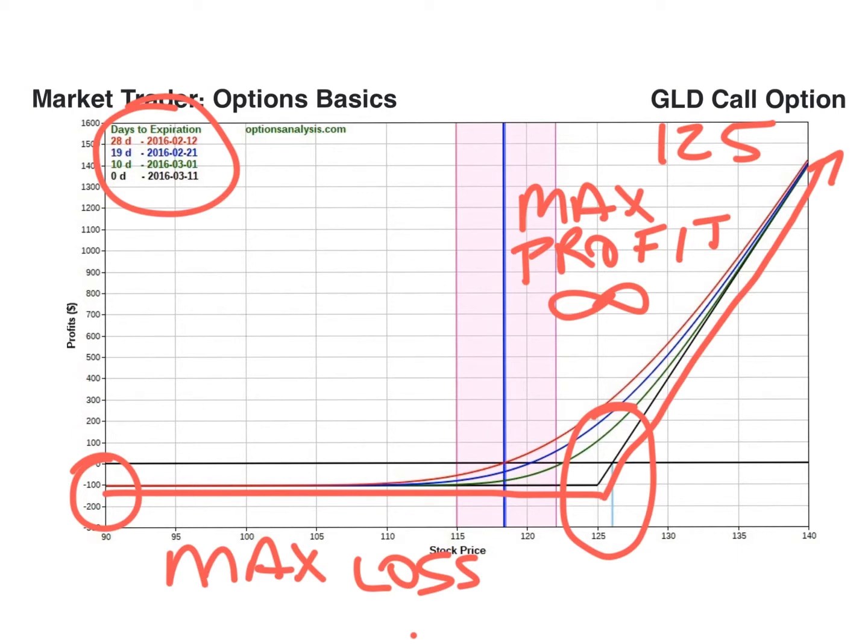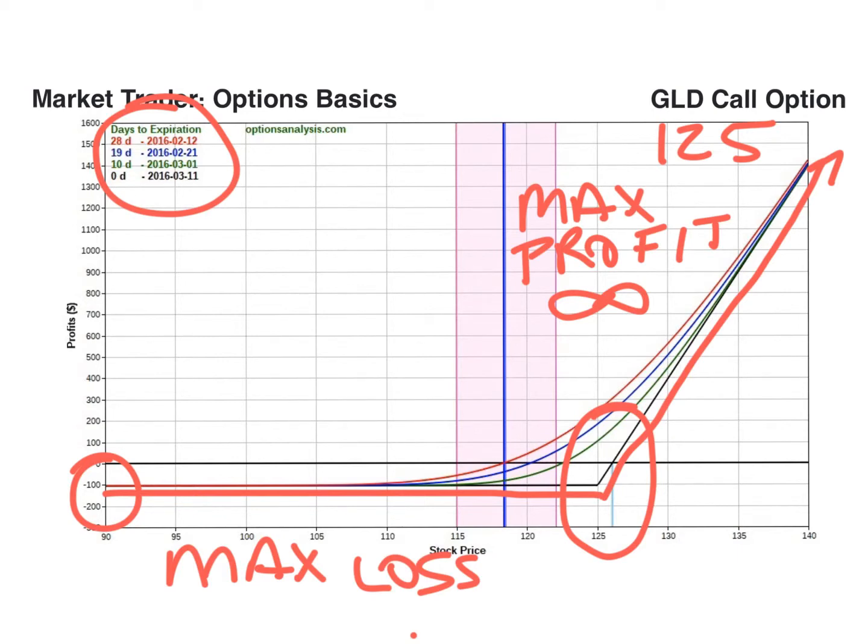Now we know that stocks don't typically move to the upside infinitely, and they don't typically move to the downside towards zero very often, although it can happen, but it's usually somewhere in between. So our profit and our loss is going to be somewhere probably in the range of where the current price is today, maybe a little higher or maybe a little lower.